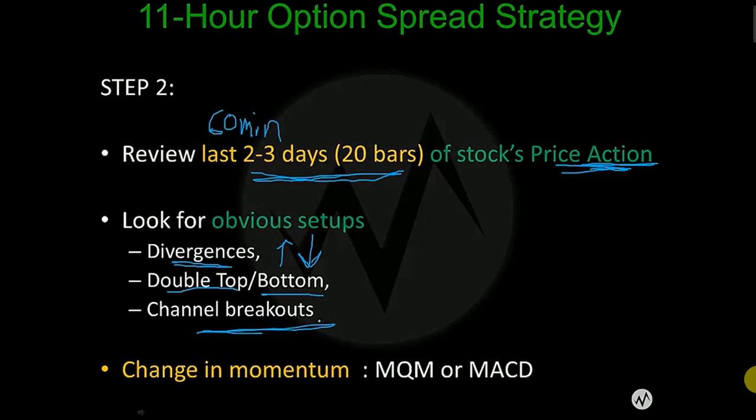Michael was saying maybe if it's going sideways, we could do an iron condor. No, I want to see a breakout. I want to see it moving either lower or higher. I don't care. If it's not moving up or down, I don't want it. Okay, I can be picky. And I want to see a change in momentum, meaning that momentum is not just going sideways. I want momentum to really push one way or the other.